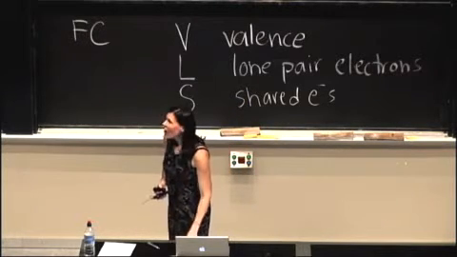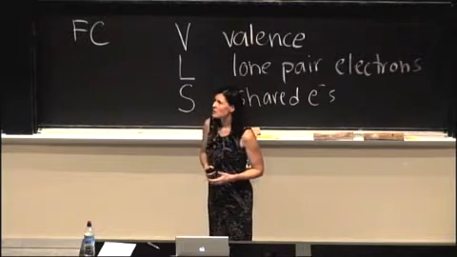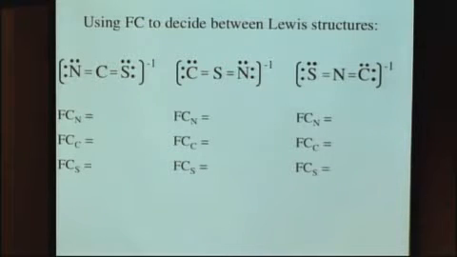So let's think of all of the combinations that we could have in terms of this molecule. In one case, we could put carbon in the middle. In one case, we could put sulfur in the middle. And in one case, we could put nitrogen. And then let's quickly write out what the formal charges for all of these will be. In our first structure, for the nitrogen, we have a formal charge of 5 - 4 - 2, because we're starting with 5 valence electrons.